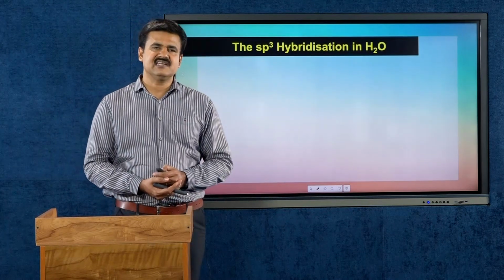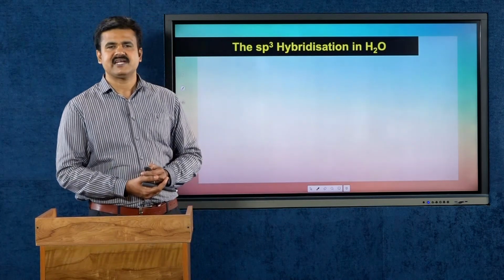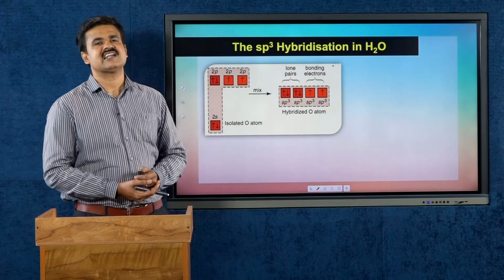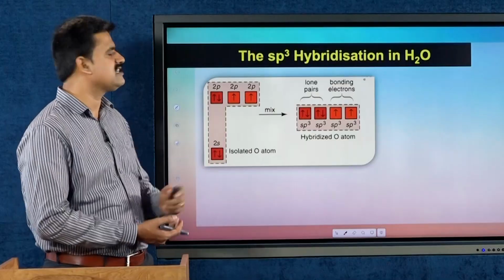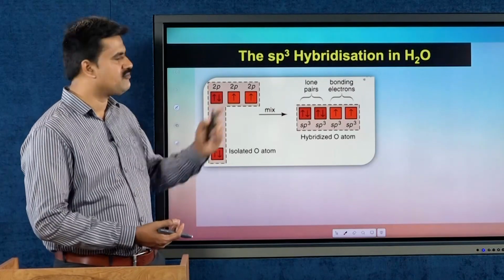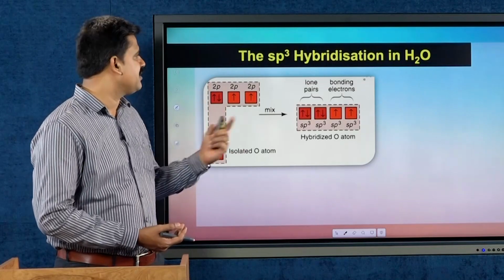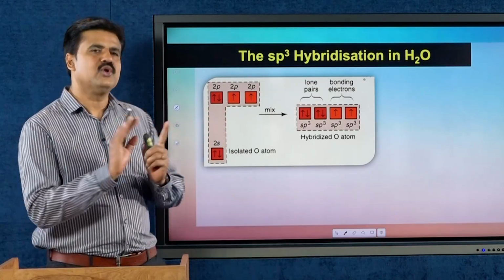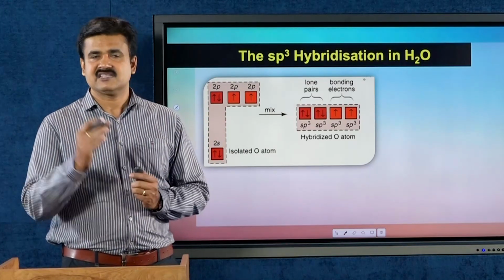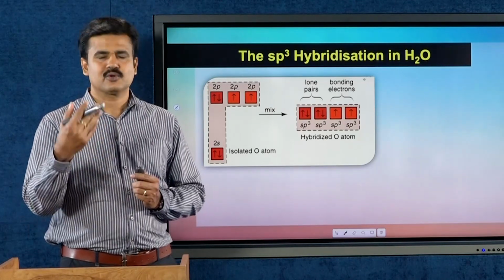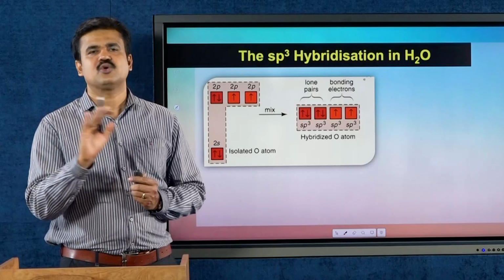Now we can illustrate sp3 hybridization by taking the water molecule as an example. In the water molecule, the central atom oxygen has the ground state electronic configuration 2s2 2p4. Prior to the hybridization, no electronic excitation occurs. As I told you, electronic excitation prior to hybridization is not necessary.